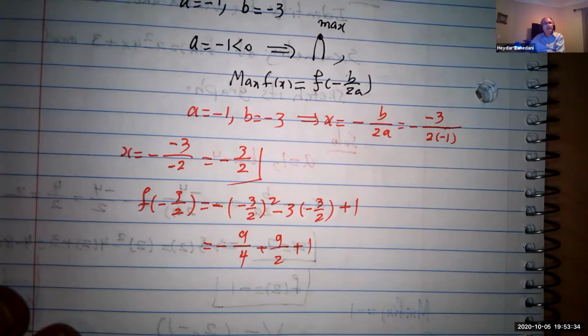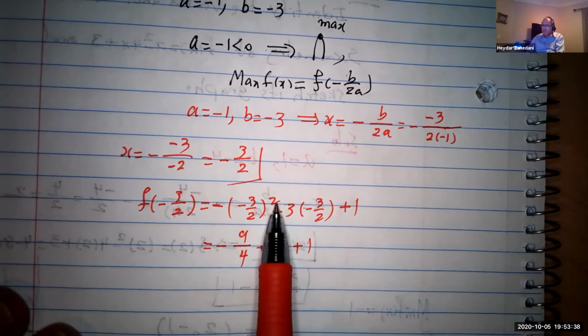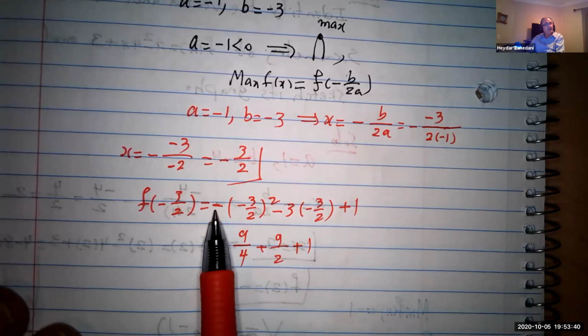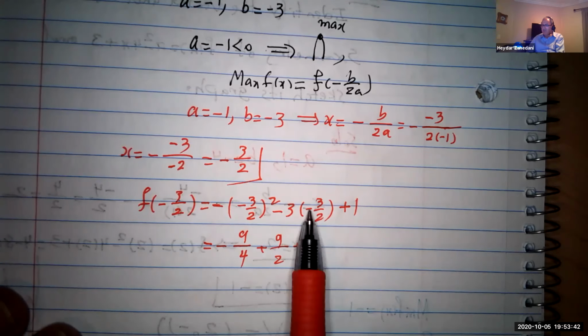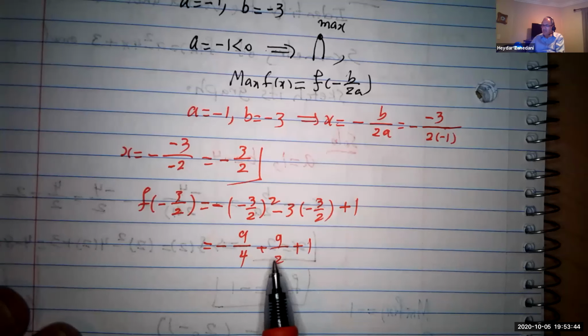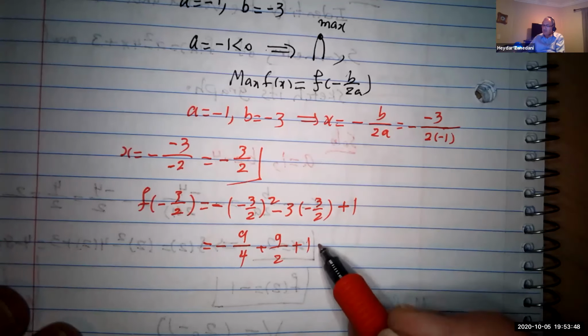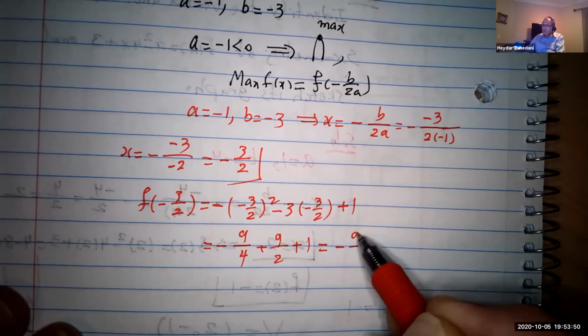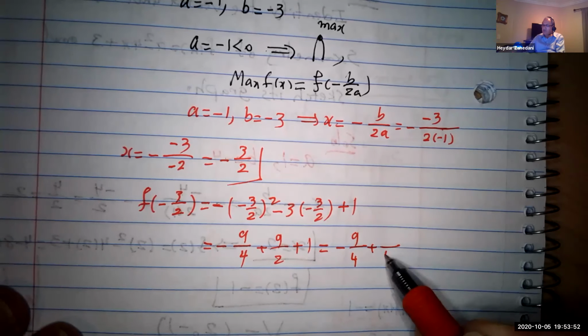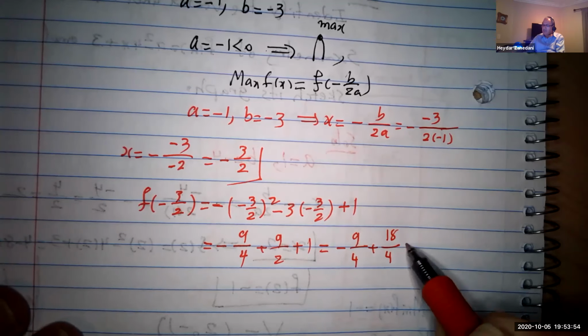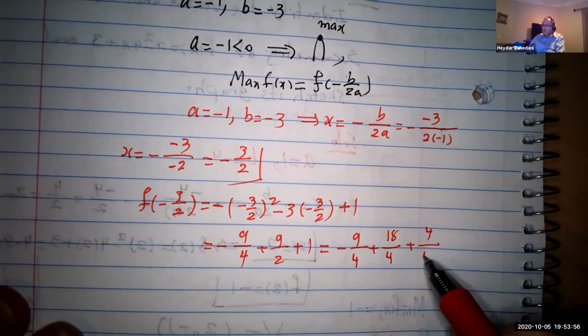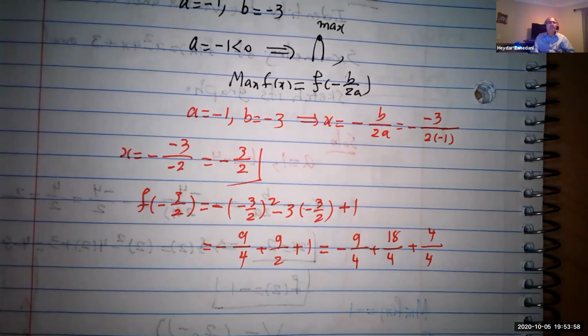You need a little bit of common denominator. So -3 times -3/2 positive would be 9/2. There is a negative on one side, negative times positive. So what we are going to do is find the common denominator, which is going to be 4. So that would give us the answer.